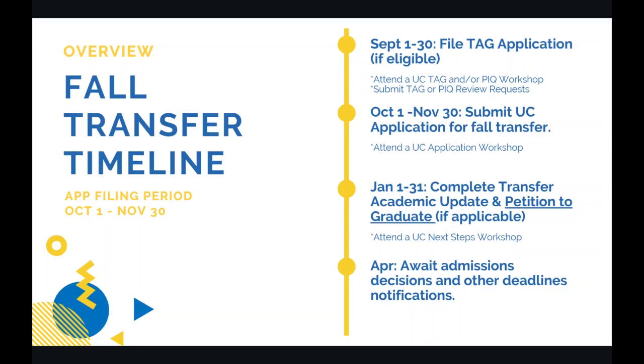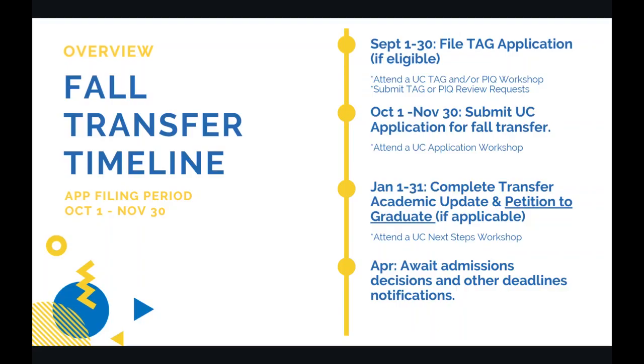Once the TAG application has closed, starting October 1st, the UC application opens up for fall admission consideration for the next school year. The application typically opens up October 1st and it closes November 30th.